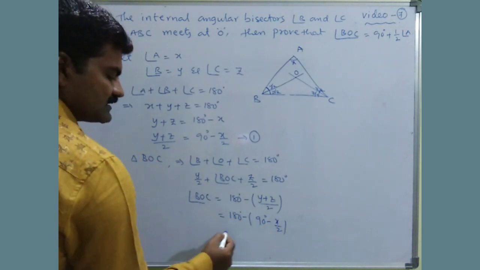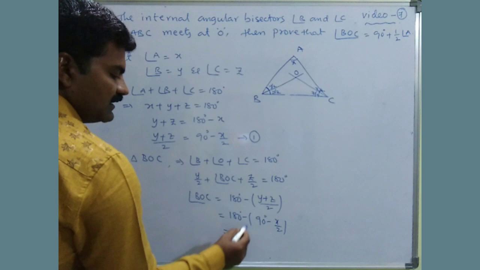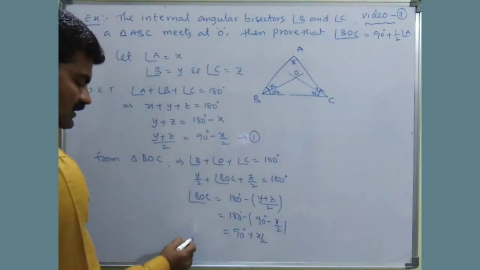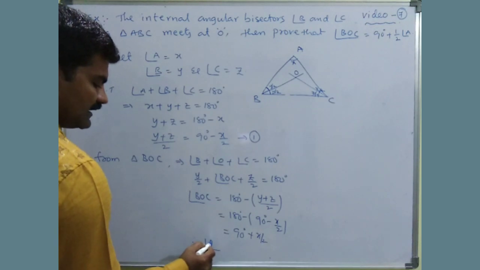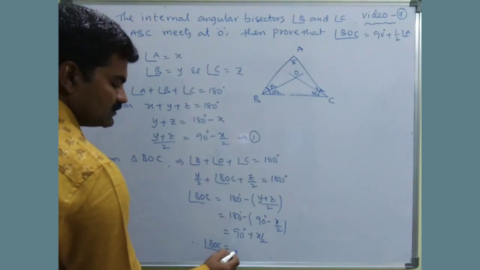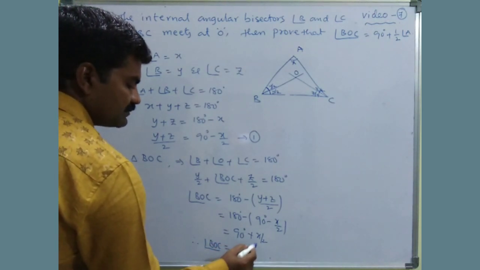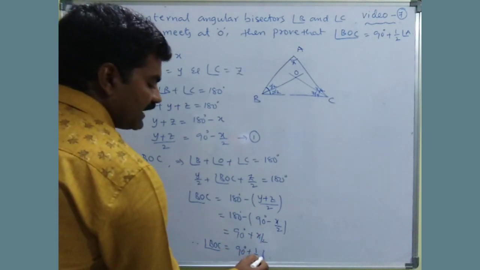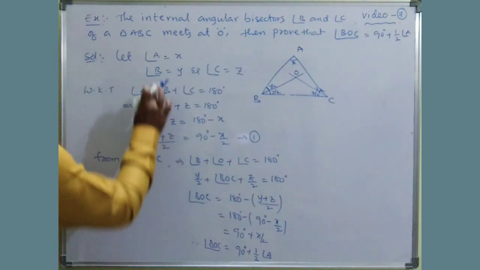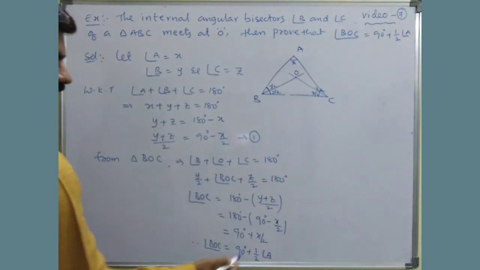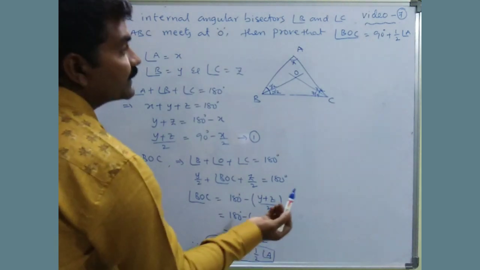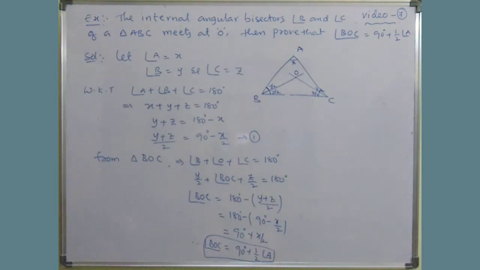So 180 minus 90, which is 90, and minus of minus gives plus X by 2. So hence angle BOC is equal to 90 degrees plus X by 2, I can write it as half of angle A, no? Because angle A is X, then X by 2 is nothing but half of angle A. I think this is the condition we needed to prove.